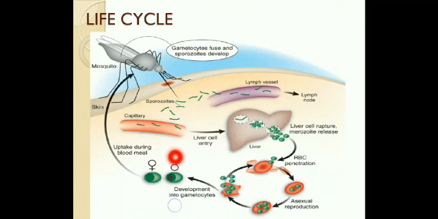Okay, both male and female gametocytes may be produced, and when another mosquito comes, these gametocytes are taken by the mosquito, and within the mosquito the sexual cycle takes place and the gametocytes fuse together to form the sporozoite. So that is the life cycle of the Plasmodium malarial parasite.